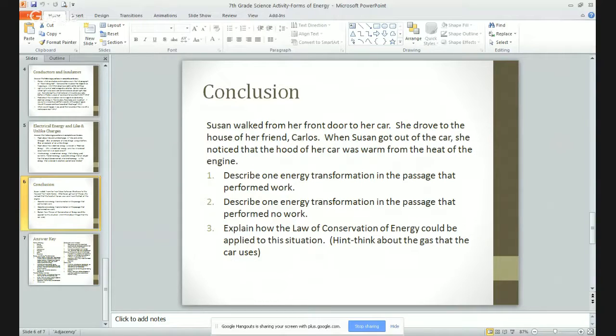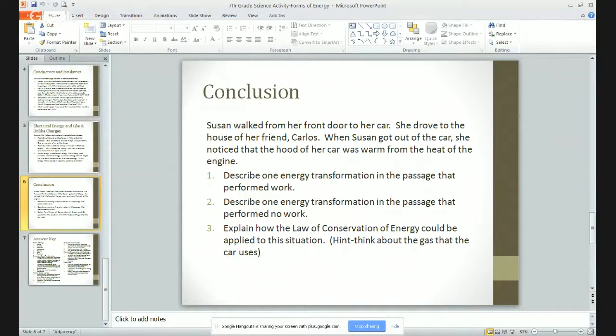Number two, describing one energy transformation in the passage that could be performing no work. The gas heating your engine doesn't require a push or a pull yet. Once you make the car start going, that would be considered an energy transformation that's performing work because the car is pushing or pulling, it's causing movement.